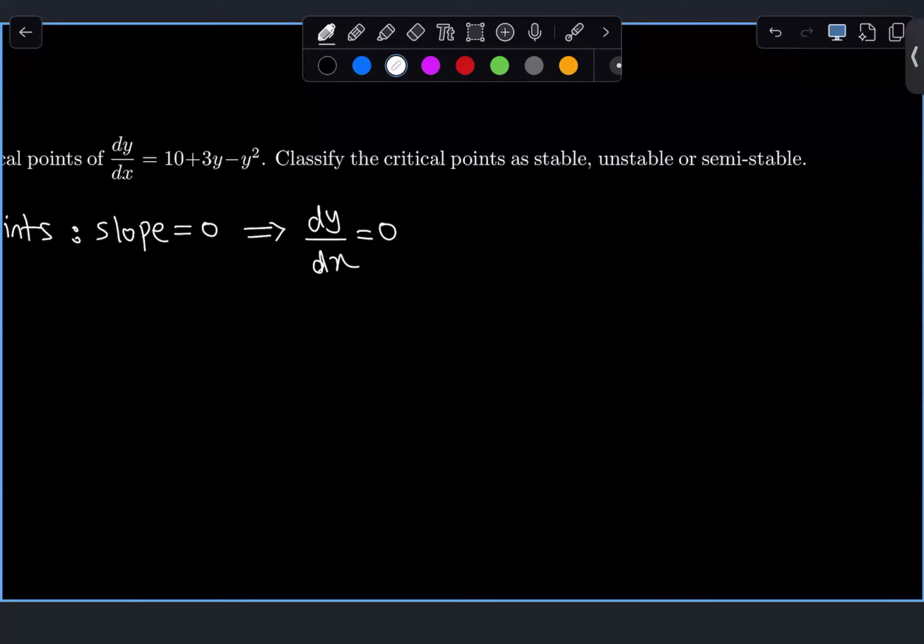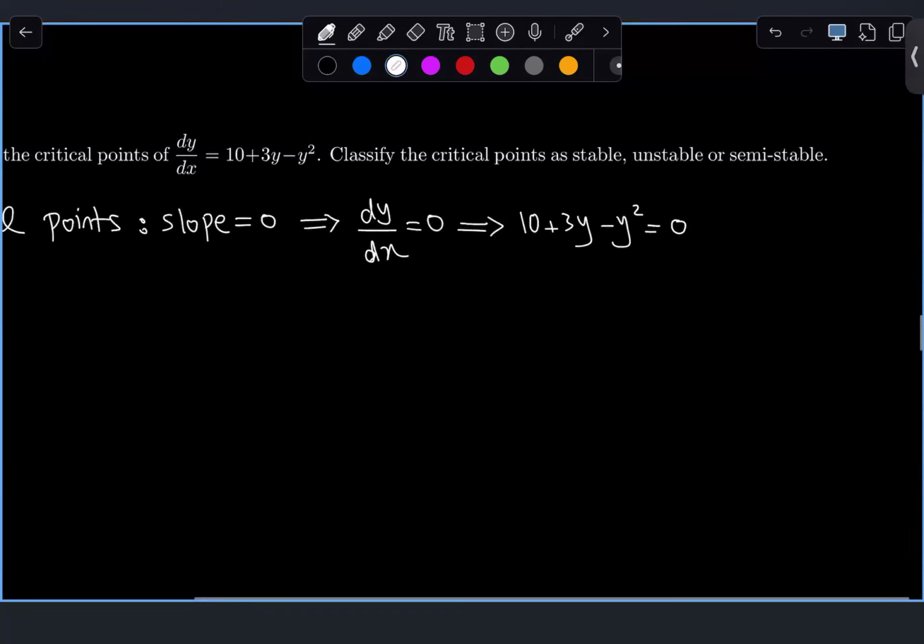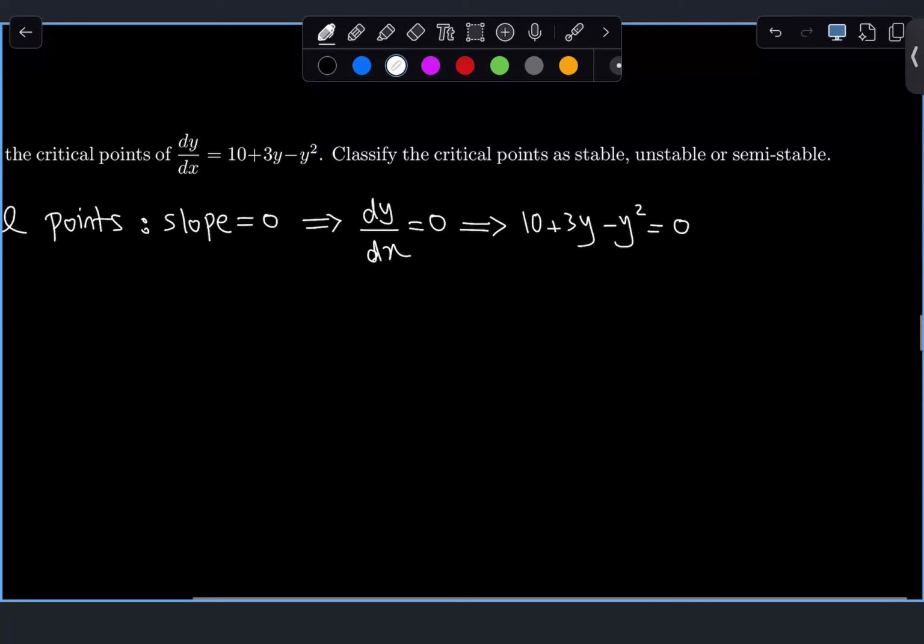You're going to have 2 points. So what are those 2 points? Try to find them.